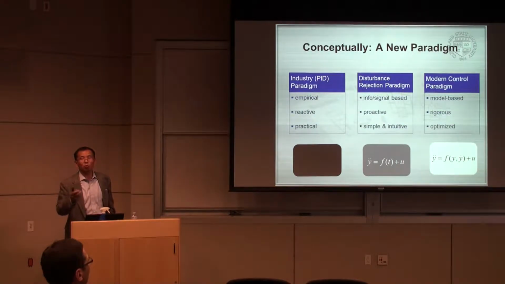We're producing a motor torque, and that motor torque will change the acceleration. So that's it. That's what basically we know. Everything else, we treat it as a signal. We use the signal processing approach to see if we can extract this signal, and if we can extract it, then we can compensate for it before the output is changed in a significant way.